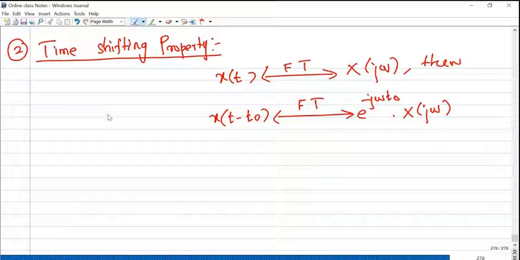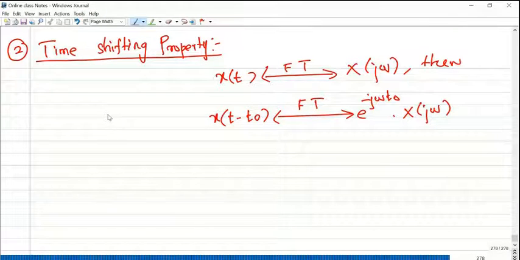In your examination, you may expect, say, any 4 properties of the continuous time Fourier transform and prove them. Or they will specify, write down the time shifting property of the Fourier transform and prove it. Okay, the proof of this property I will give you as separate written notes.